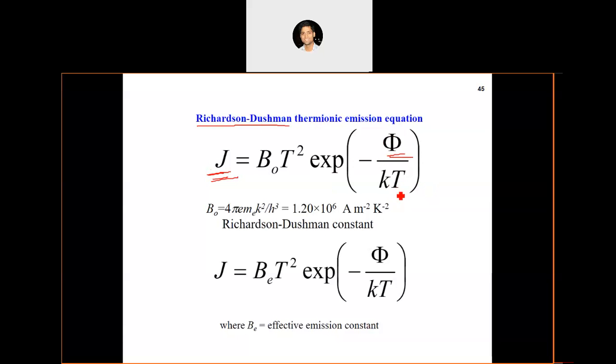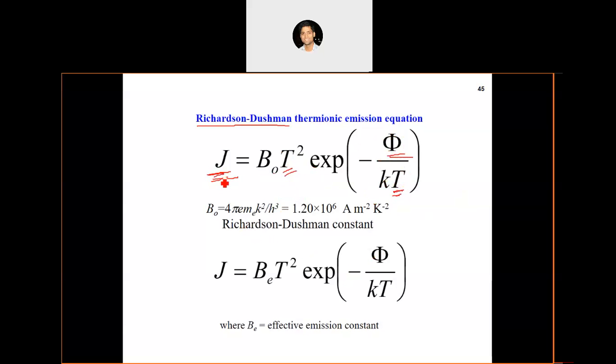And it is directly proportional to temperature: the higher the temperature, the more electrons will be emitted from the material. So current density increases with temperature and decreases with work function.